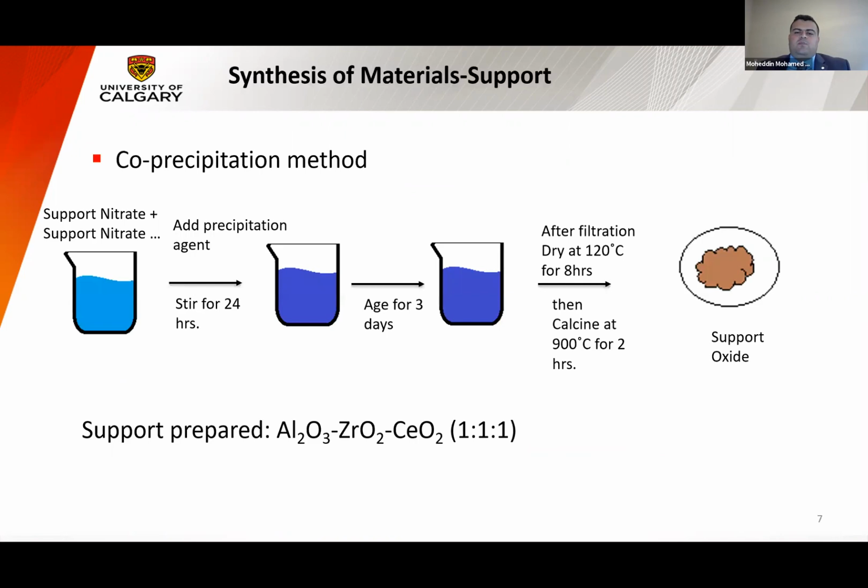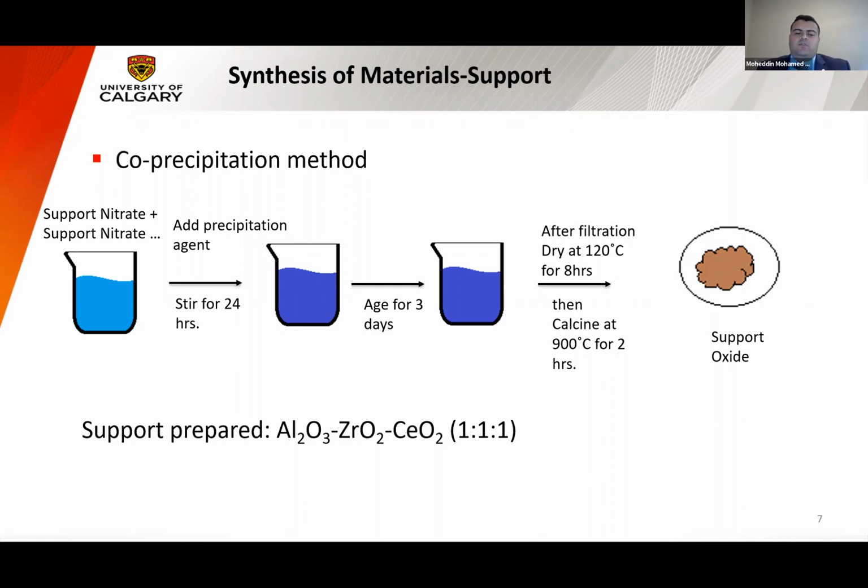For synthesis of the material for this process, two methods were used. The support was prepared using the co-precipitation method, where aluminum oxide, zirconium oxide, and cerium oxide were made with equal loadings by adding the nitrate form of each into a beaker of water, followed by the precipitation agent.